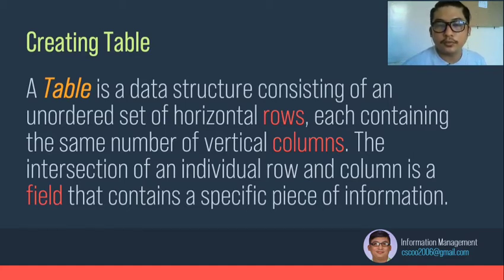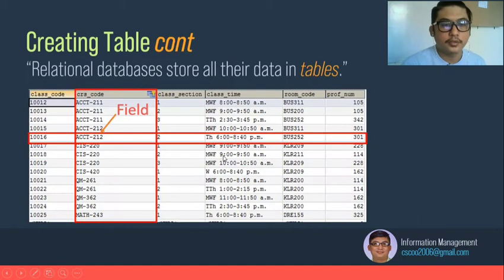Each column contains specific data that you need to store inside your table. This is an example of a table. As you can see, a table contains the necessary records that I want to maintain. It is arranged in columns and rows.